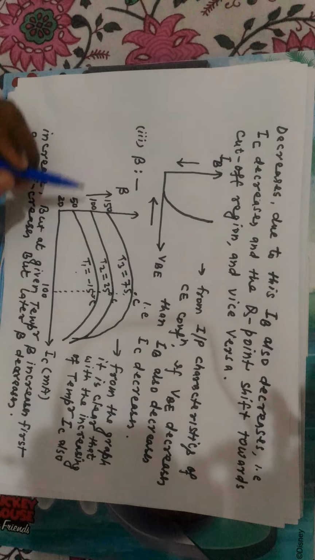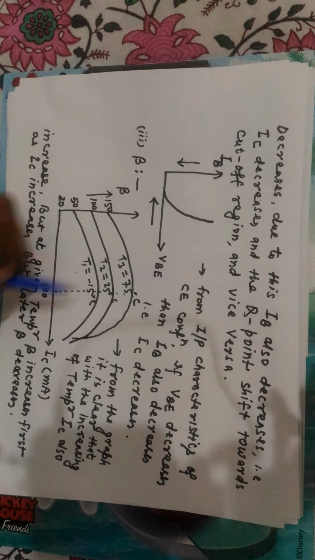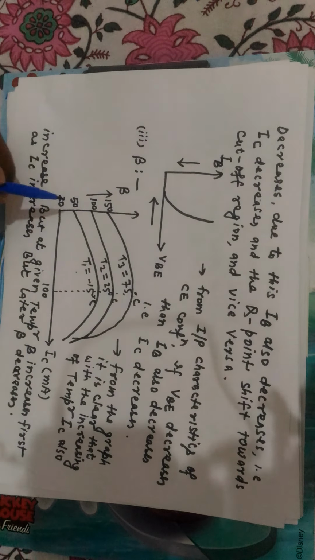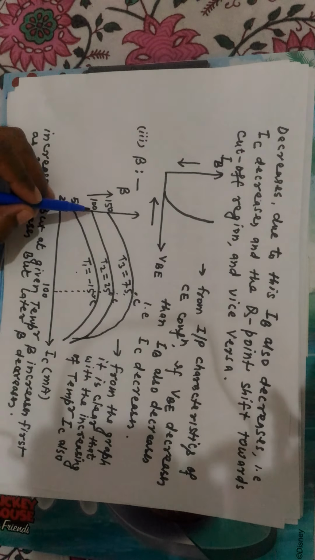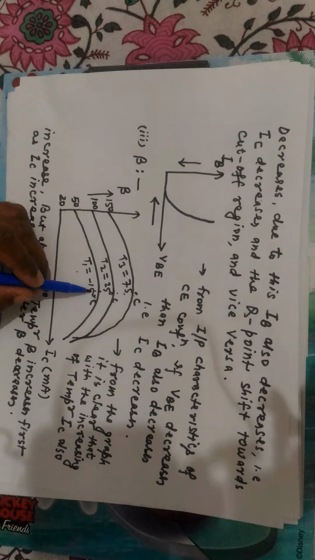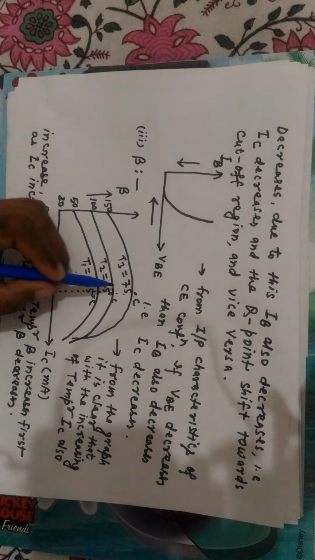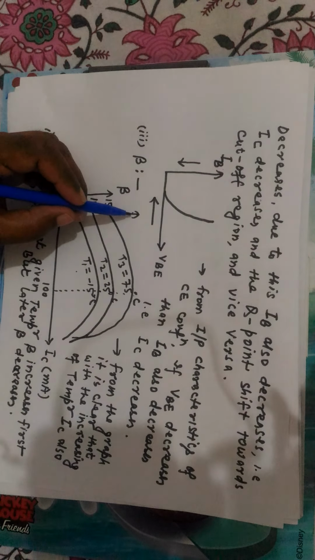Now the variation of beta with the variation of temperature, we can see from this graph. This is an experimental graph, taken from the data sheet of the transistor. We can see that the maximum value of beta at a lower temperature is low, and at a high temperature the maximum value of beta is high.